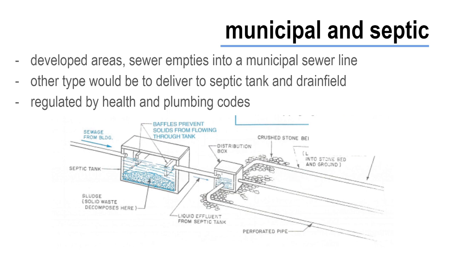These are just perforated plastic or loose-fitting tile lines, allowing the liquid to be absorbed by the surrounding soil. The liquid gradually evaporates from the drain through the soil into the drain field, which is usually made up of a layer of crushed stone, and then there's dirt on top of the entire scenario.